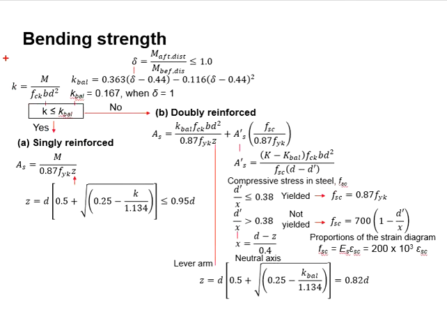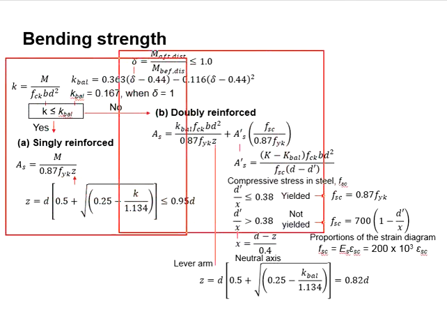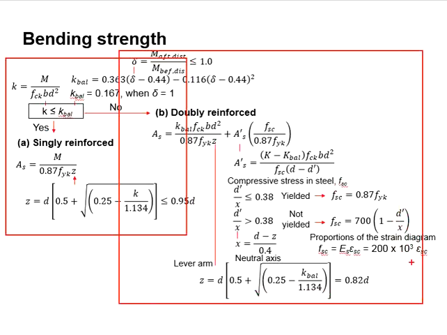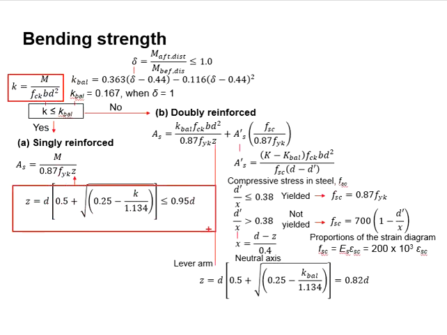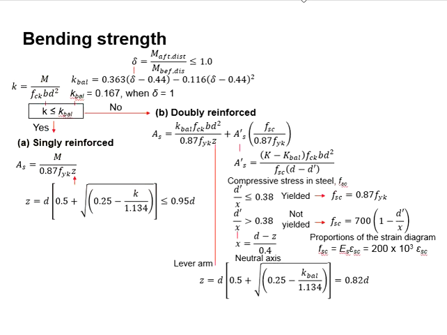Now, if you look at the equations used for the design of reinforced concrete beams, you don't see the 0.45d. For example, the singly reinforced equations involve K, Z, and also As.